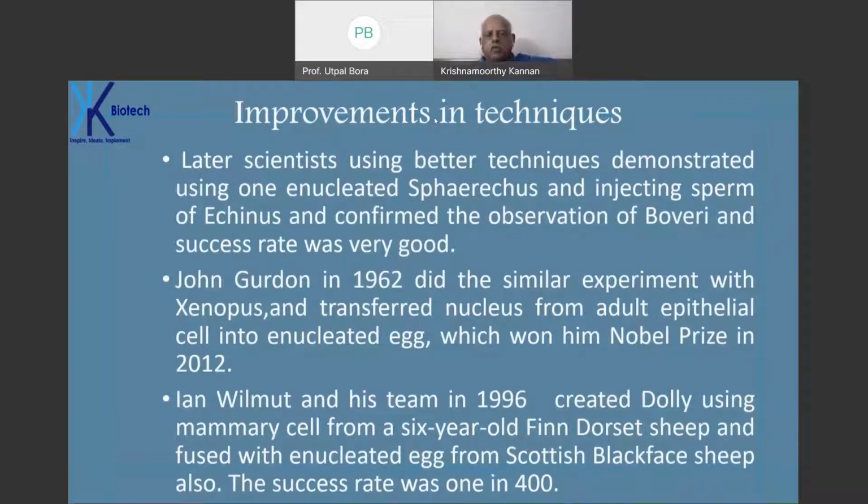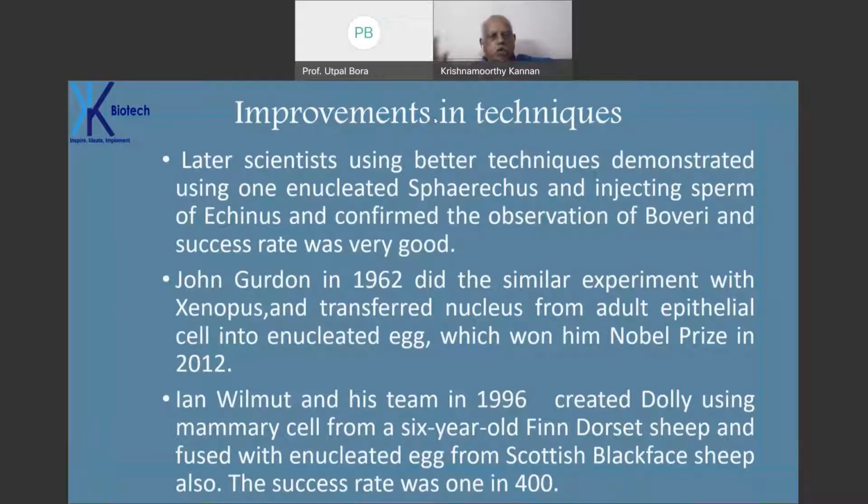He took epithelial cells, removed the nucleus, and put it onto an egg, and you could create the whole Xenopus. This became the very classical experiment of creating a whole organism.